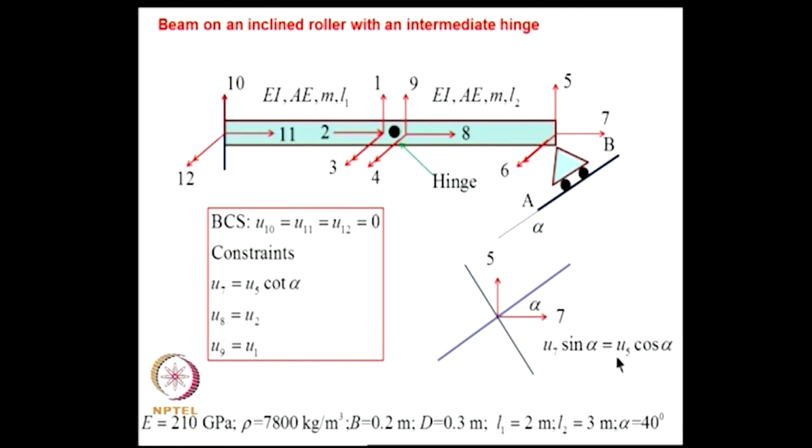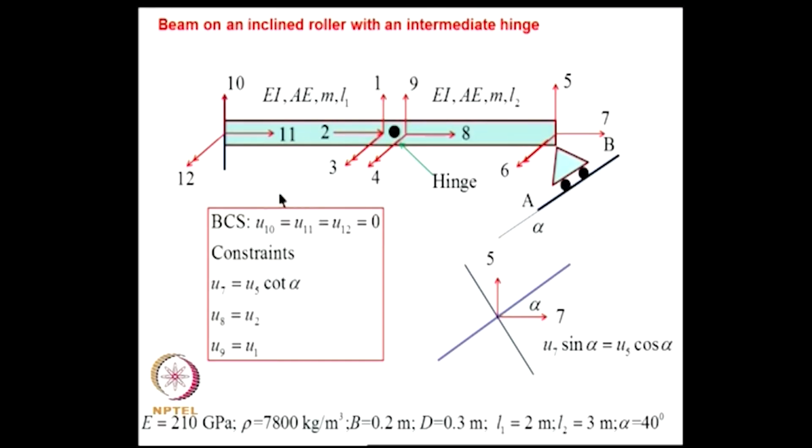If this condition is satisfied, then the translation normal to AB would be 0. That would mean U7 must be equal to U5 cot alpha. Now, U8 must be equal to U2, these two translations must be the same, and U9 must be equal to U1, but U3 need not be equal to U4 because this is a hinge.